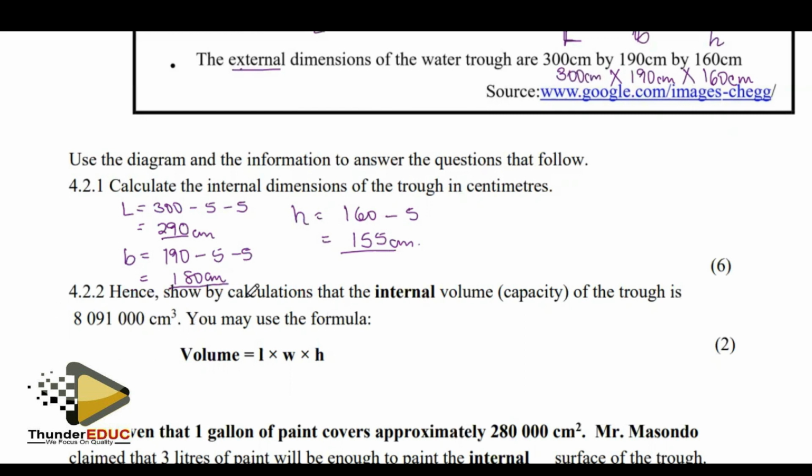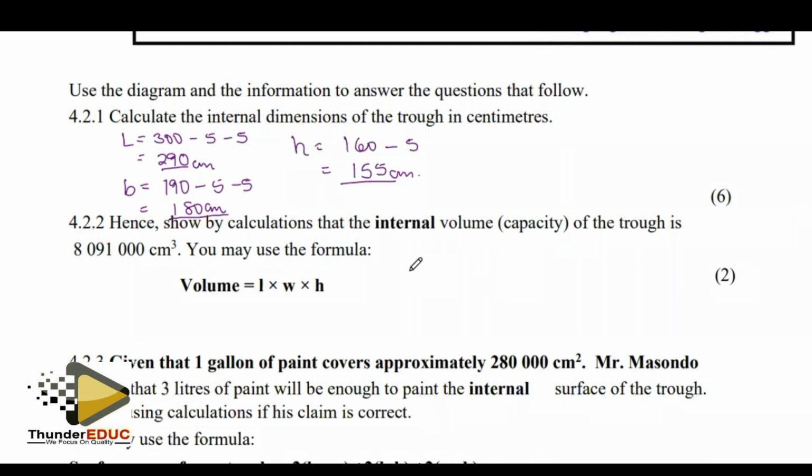Hence, show by calculations that the internal volume capacity of the trough is 8,091,000 centimeters cubed. So they have given the formula here already. You remember we are looking for internal volume. So you come here and say, what's my new length? The breadth is 180, times 155.